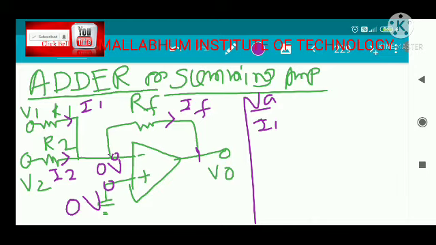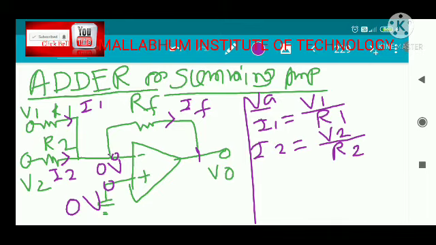I1 is nothing but V1 minus 0 divided by R1, so I1 is V1 divided by R1, and I2 is V2 divided by R2, and IF is 0 minus V0, that means minus V0 divided by RF. These two currents are entering here, and this current is IF. So I1 plus I2 equal to IF.